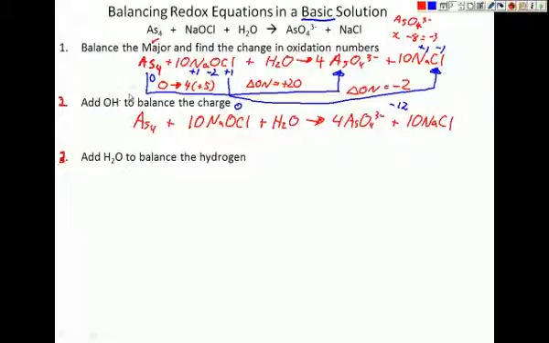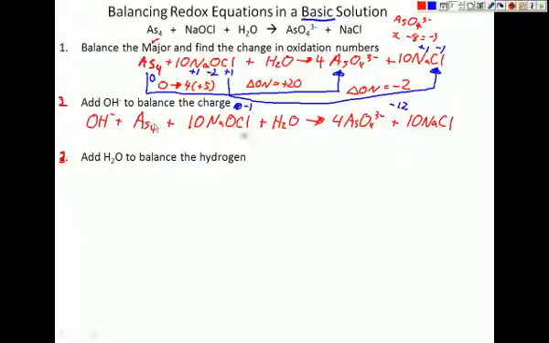So what we're going to do is add OH minus to the reactants in order to make the charge equal. If we add 1 OH minus, now the total charge here is not 0, it's -1.